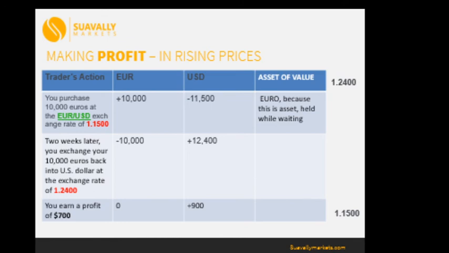Let's say the trader purchases 10,000 euros at the Euro USD exchange rate of 1.500. Remember, when you're trading and you click on buy, you're buying the base currency with the quote currency.